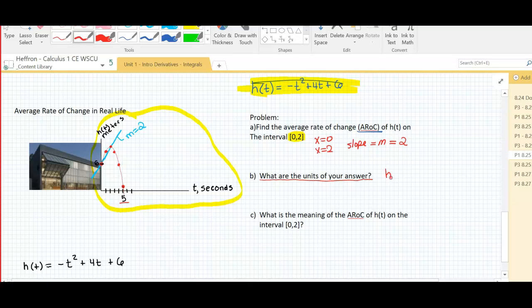So we would have h of 2 minus h of 0 all over, Vin, what would go in the denominator? This is like we were finding the average rate of change of rise over run. What would go in that denominator?